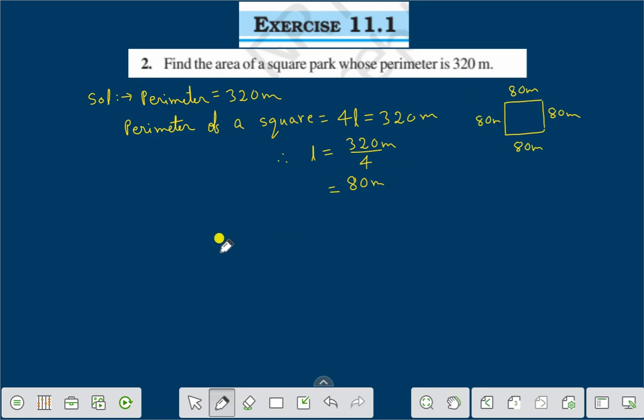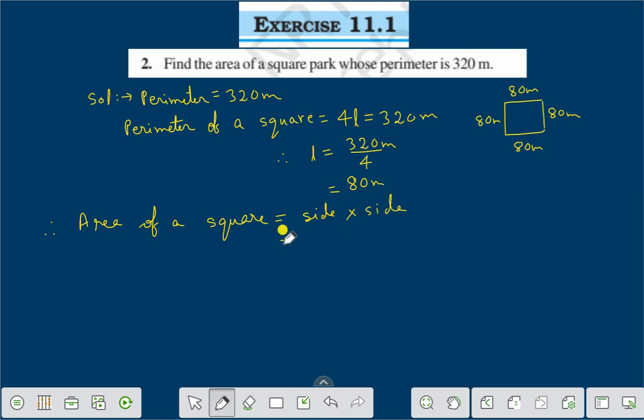We have to find the area of the square park. We know that area of a square is equal to side into side, or L square.